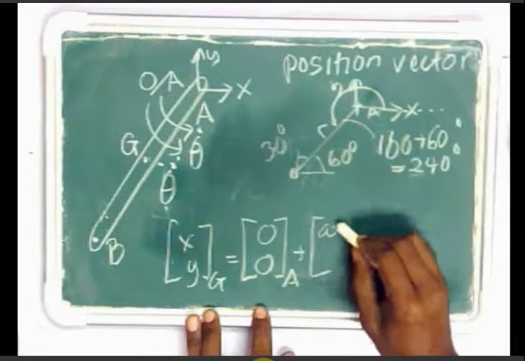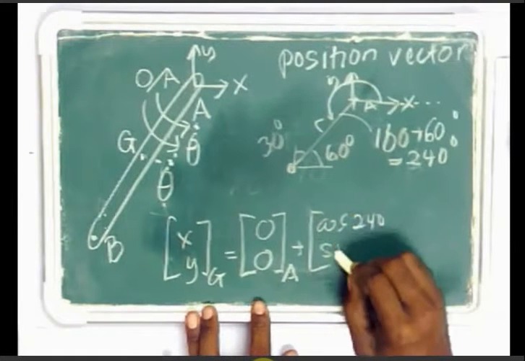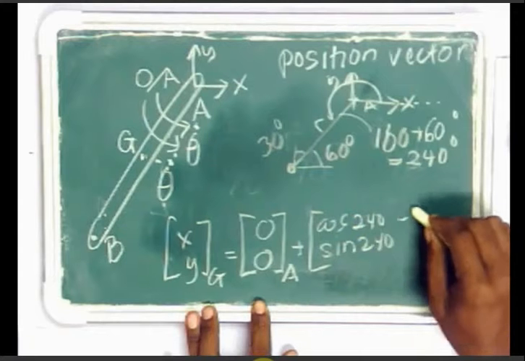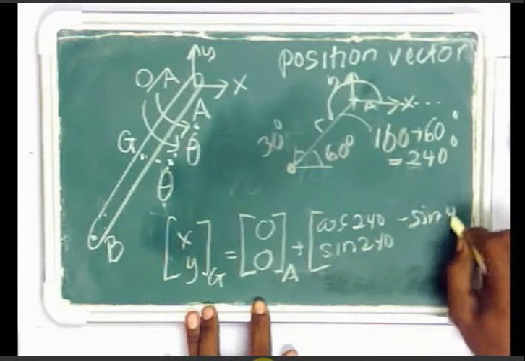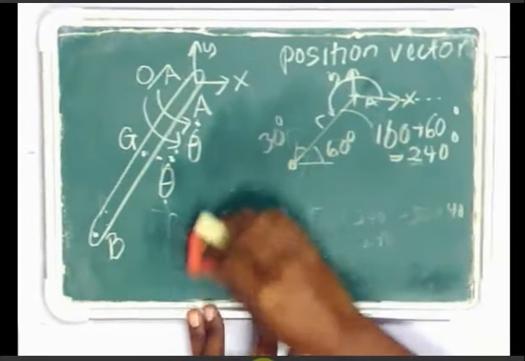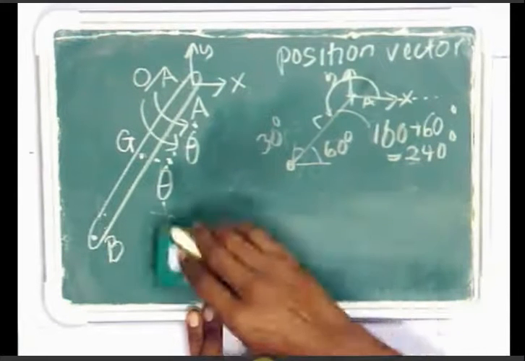So we have cos 240, sine 240, minus sine 240. I need to write again because this bit is too small for me.